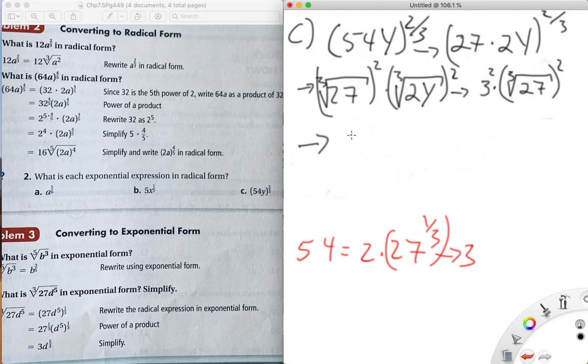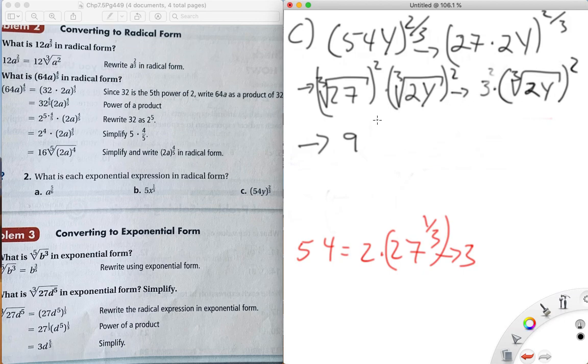I know that 3 squared is 9. Whoops, my brain's not working this morning. Cube root of 2y squared.